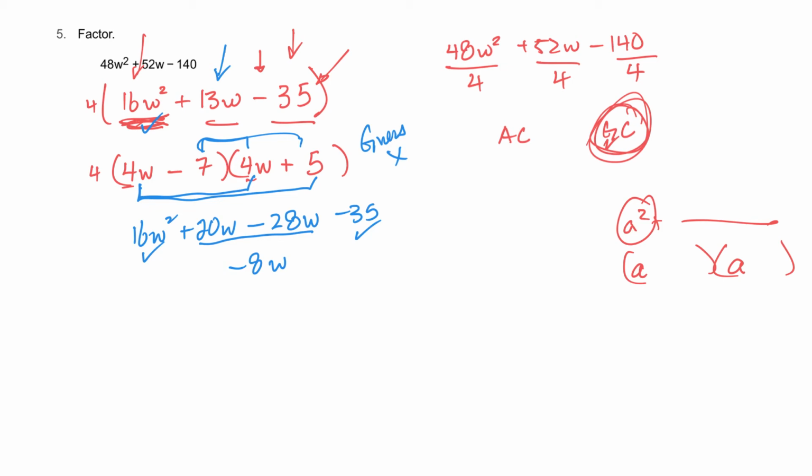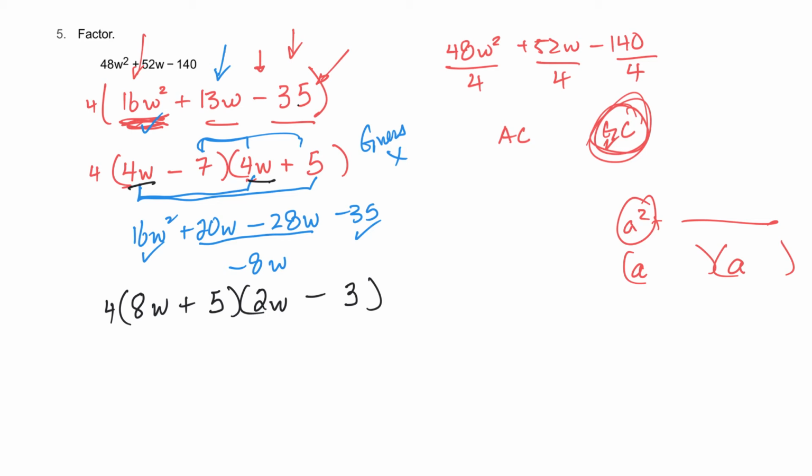Let's try, I'll put a 4 here. Maybe instead of a 4w and a 4w, maybe it's an 8w and a 2w. Because 8 times 2, that'll give me my 16. So now I'll probably go 3 and 5 again. Let's try, say a 3 here and a 5 there. Okay, and let's do 1 minus and 1 plus.